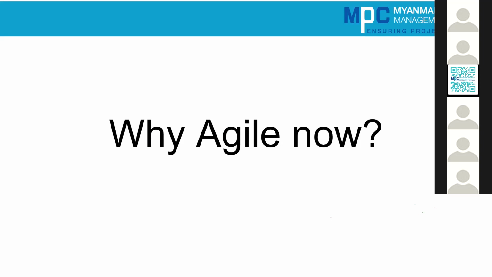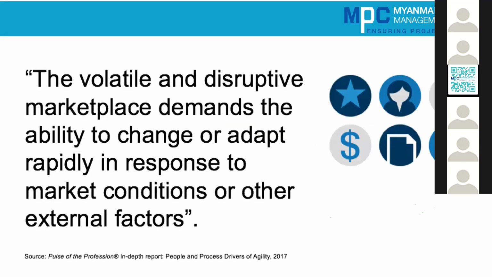If we look at the dimensions of agile, the market is very volatile and disruptive, even when it's normal, and we need the ability to change and adapt rapidly to the market, to any external factors like legal factors or government. Now we have a crisis factor and so on. That's why we need agile.